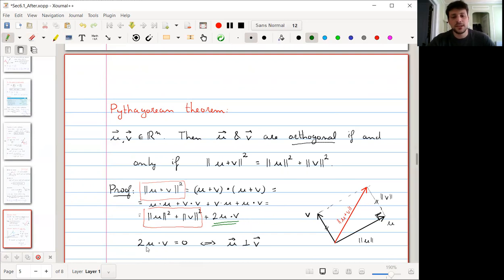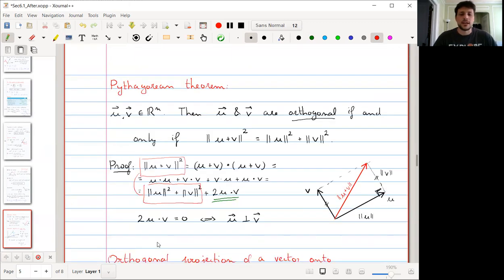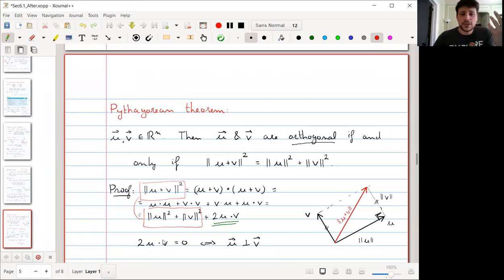But then that being equal to 0 is the same as saying that u is perpendicular to v. And that's the proof of the theorem. We showed that two vectors are perpendicular if and only if the two quantities highlighted here in red coincide with one another. Okay. The next video will be about more of the properties of the scalar product.